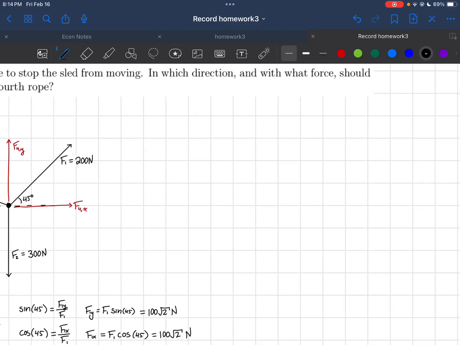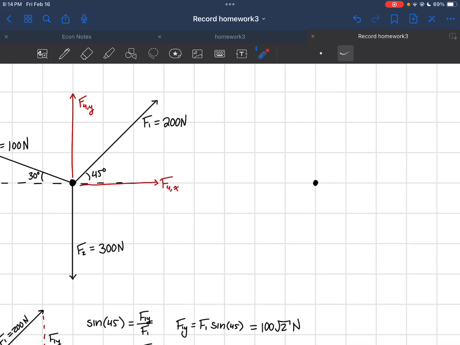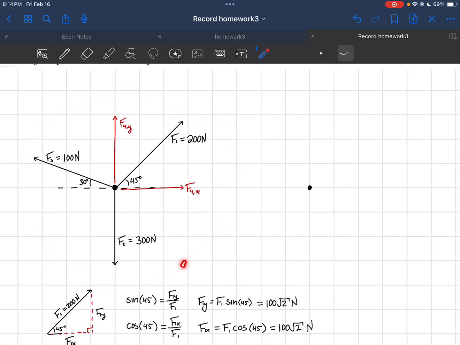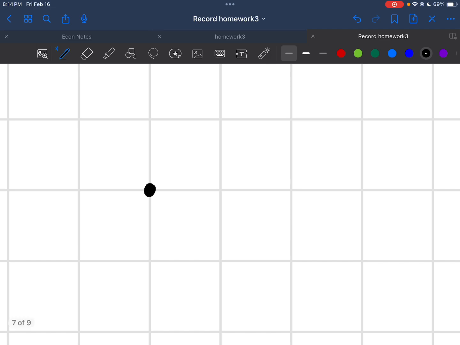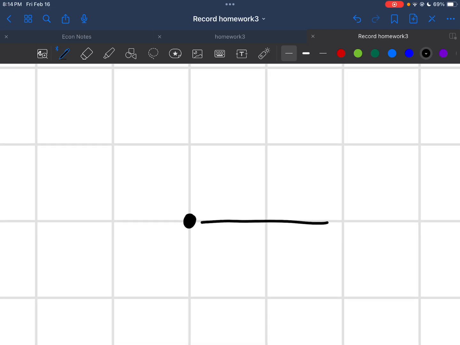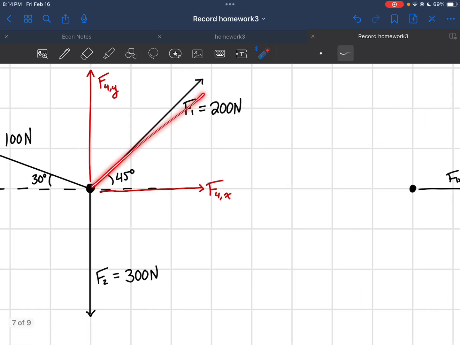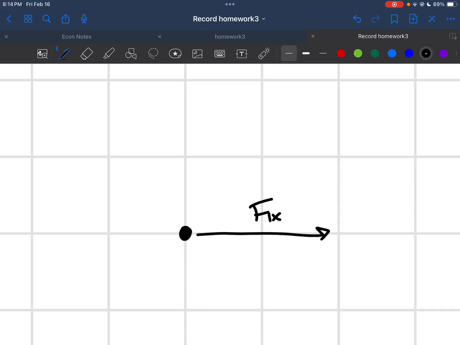I'm going to do that once I put them up on my second force diagram. I always like to draw two force diagrams, one that shows me where the forces are acting and the other one that shows me what direction their components are going in. So if I were to do this, I would have my F1x going to the right, because if I'm looking at F1, it's going to the right and up. So I have F1x going to the right, and I have F1y going up.